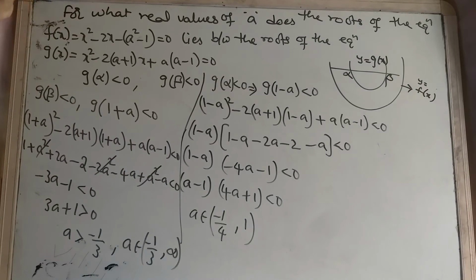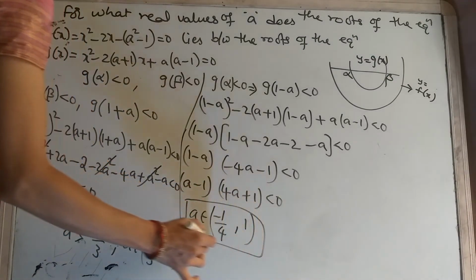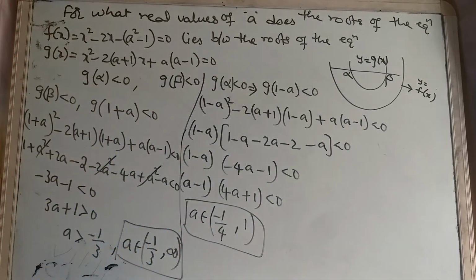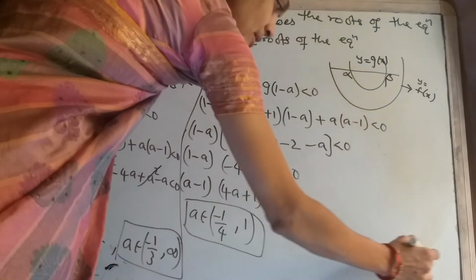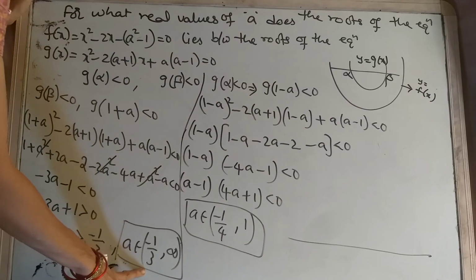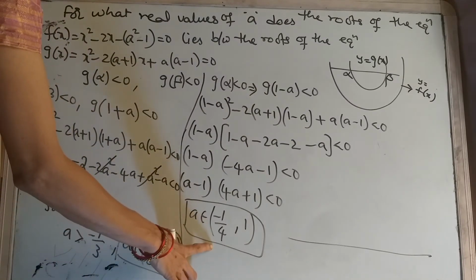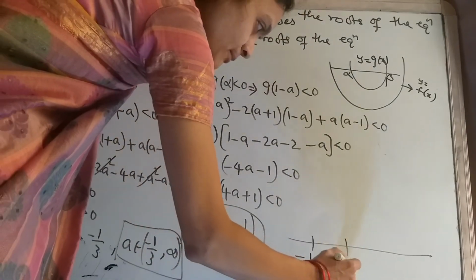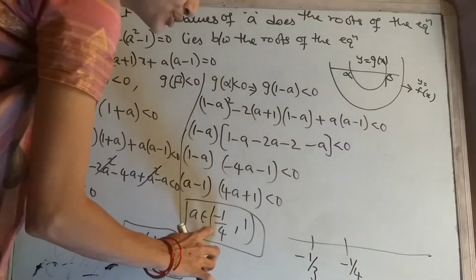Here you take two values, no, alpha and beta. So what you get the range? Alpha is (minus 1 by 4, 1), and here alpha belongs to (minus 1 by 3, beta). From this you take the intersection part. Means here, for example, this is your real line. Minus 1 by 3 means minus 0.33, here this is minus 0.25. So means minus 1 by 3 and minus 1 by 4, 0.25, no?